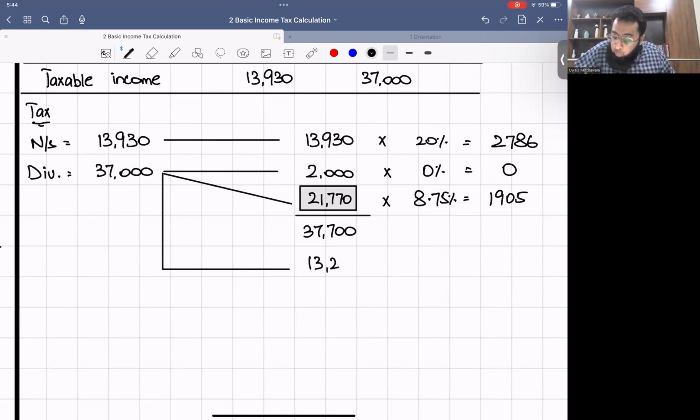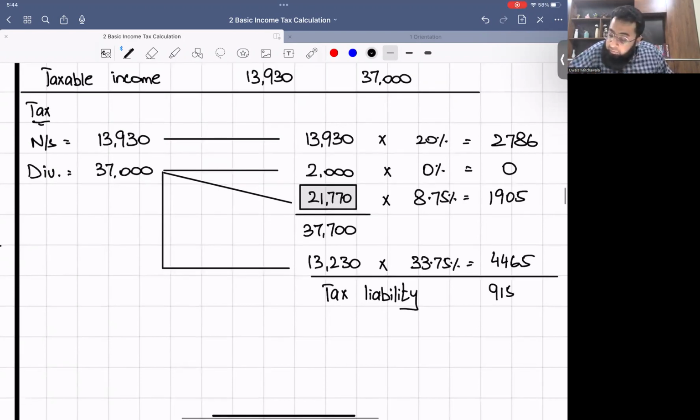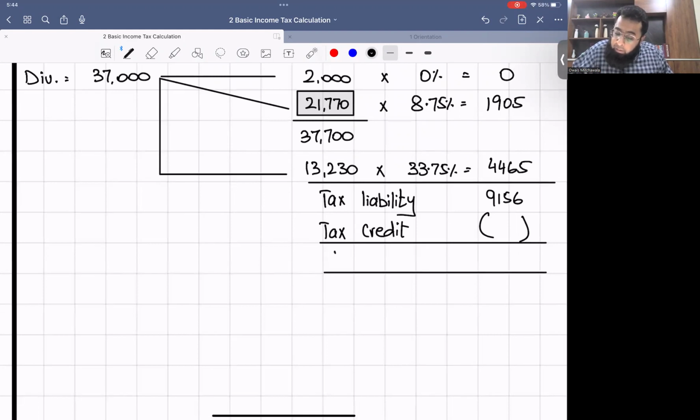So it's 13,230, at 33.75%. So this is 4,465. I will add up all of them to arrive at the value of tax liability. 2,786, 1,905, 4,465. So it's 9,156. We will adjust the tax credit, the advanced tax, to arrive at the value of tax payable.